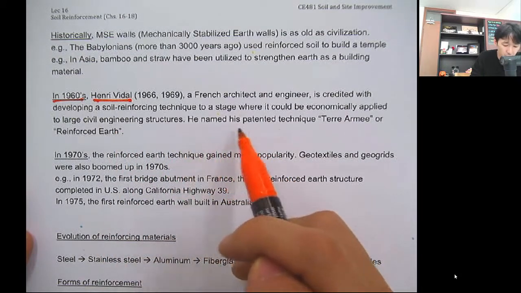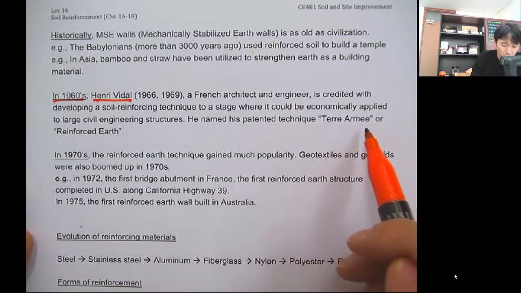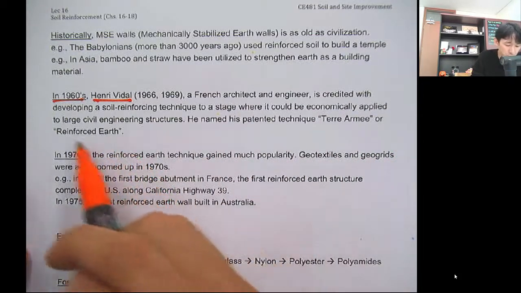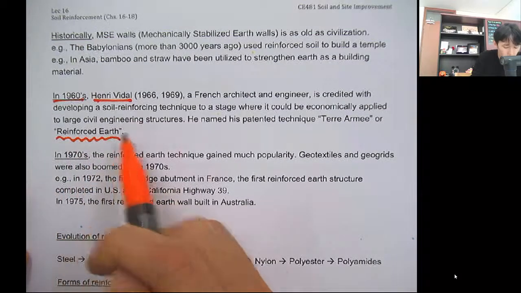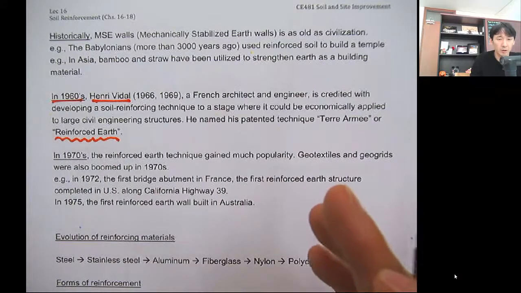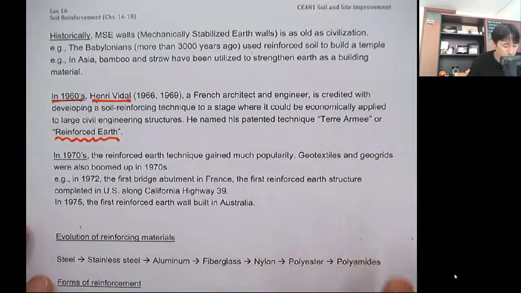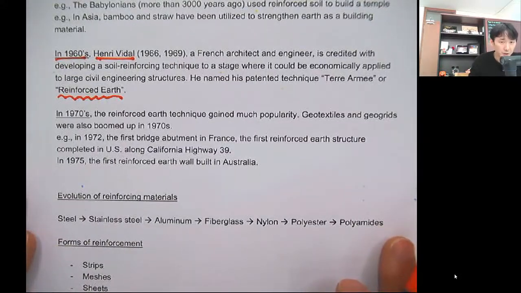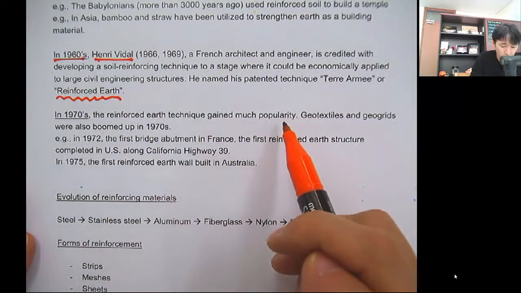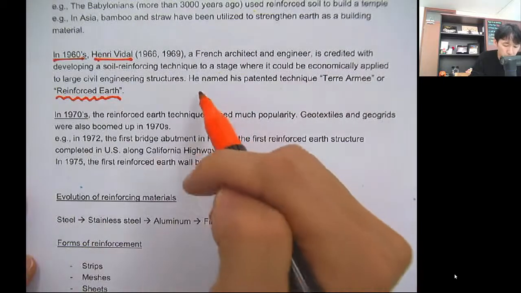He named his patented technique Terre Armée, or reinforced earth. Since then, we've been using this term as a general term to describe the technique that can reinforce and improve the soil strength. In the 1970s, the reinforced earth technique gained much popularity and really spiked up.